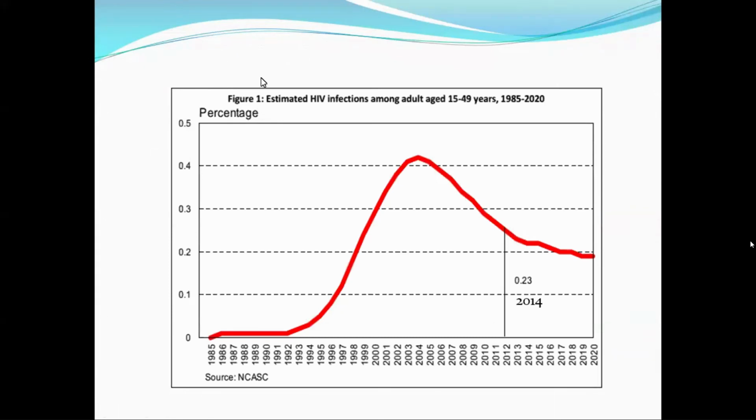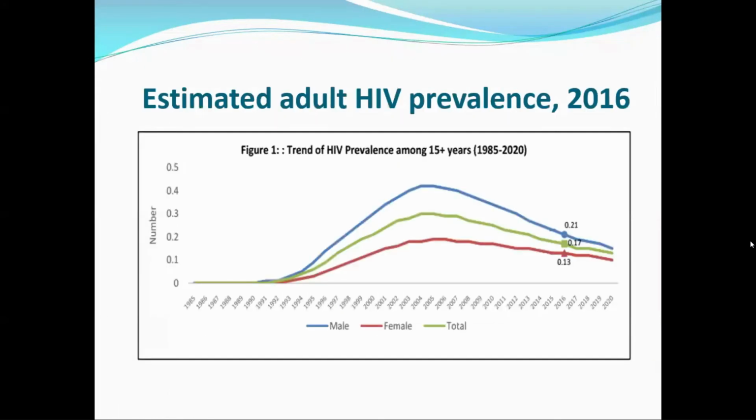Similarly, in 2016, prevalence was 0.17. It was 0.21 among males and 0.13 among females, and altogether the median prevalence rate was 0.17. So all are in a decreasing trend.